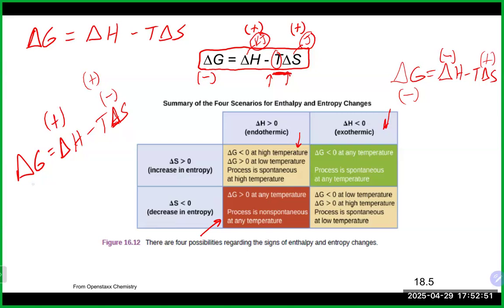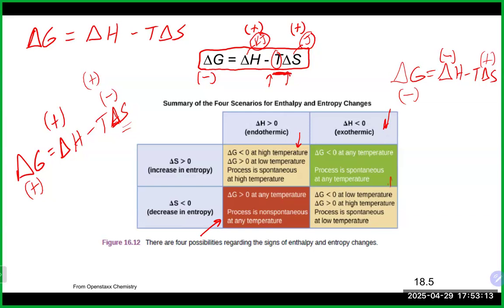You're always going to end up with a positive value for delta G. And that means that this reaction is going to be pretty much non-spontaneous at any temperature that you put in there. So in this case, it's really our delta S that sort of determines what's going to happen here. And obviously here we got our negative that's going to change it out.